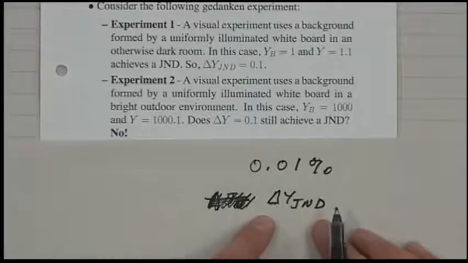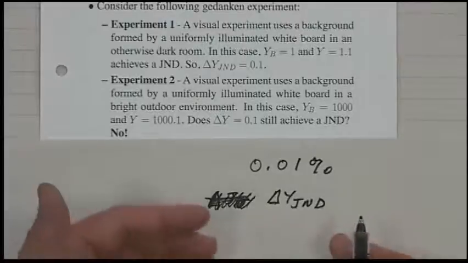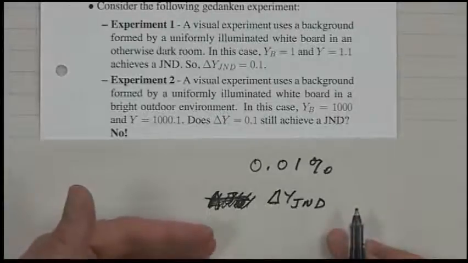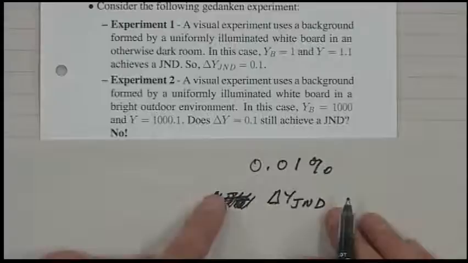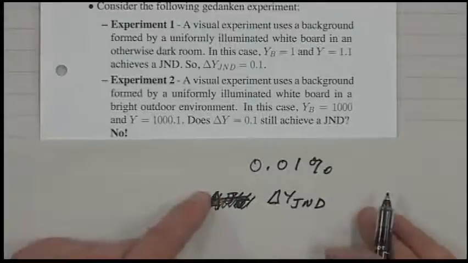If things change all the time in random ways, then it's difficult to assign any meaning to them. So you can define this concept of delta Y JND, but if it's always going to be different, then it's not very interesting.